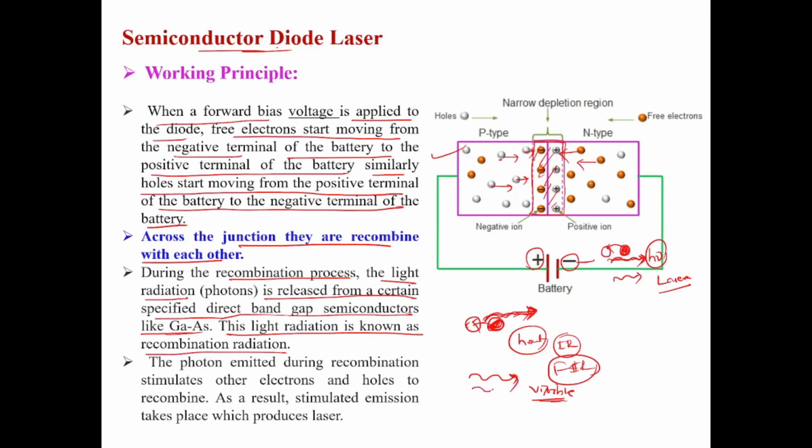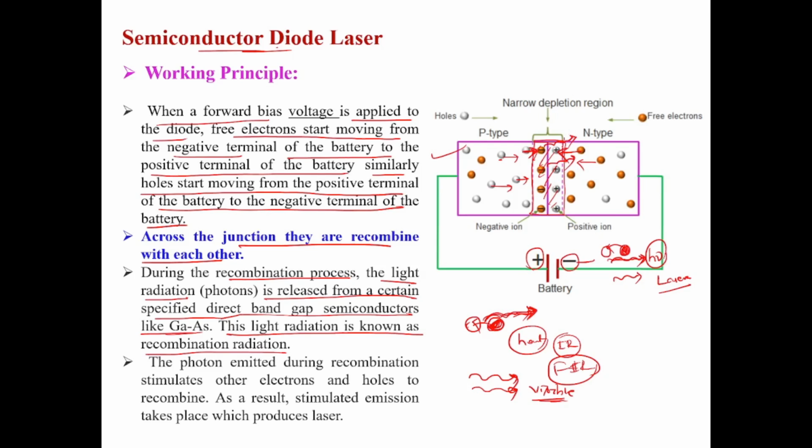And if these photons interfere constructively, see, many electrons and holes are going to recombine. Suppose one hole and one electron recombine and one photon is created, and another pair recombines and another photon comes out.